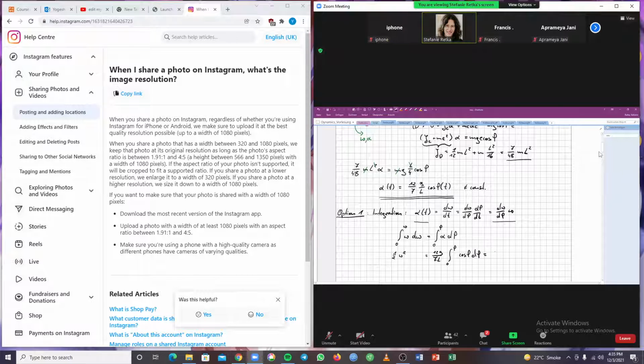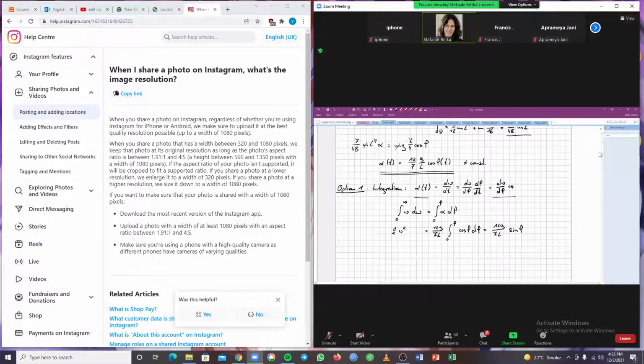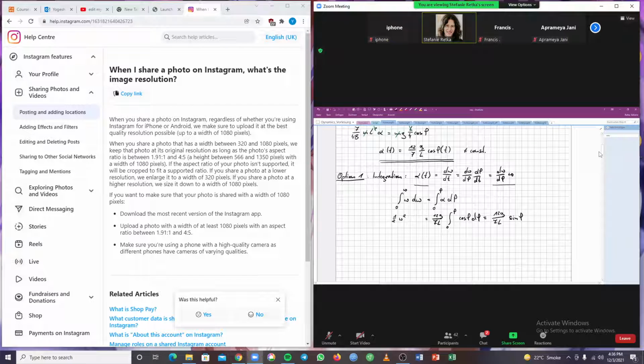Then this is 12g over 7l, and the integration of cosine is sine phi. And now we rearrange the equation to obtain omega, multiplying by 2 and taking the square root, with 24g over 7l sine phi.